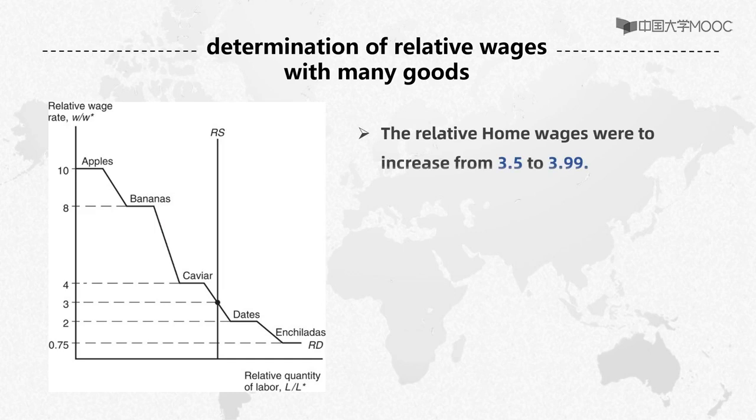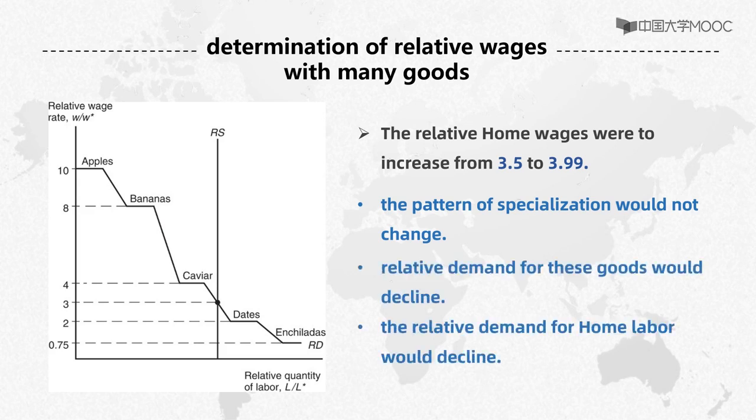If the relative home wage were to increase from 3.5 to 3.99, the pattern of specialization would not change, but as the goods produced in home become relatively more expensive, relative demand for these goods would decline. The relative demand for home labor would decline with it.